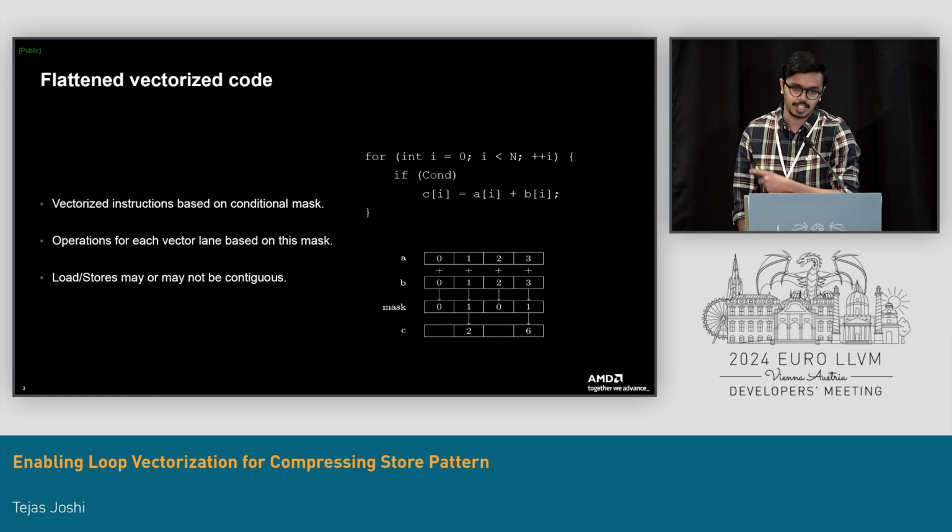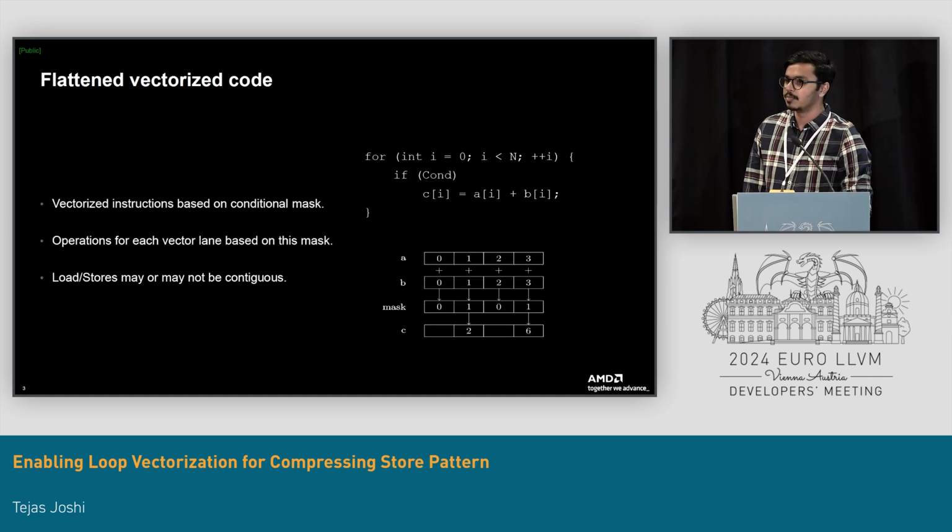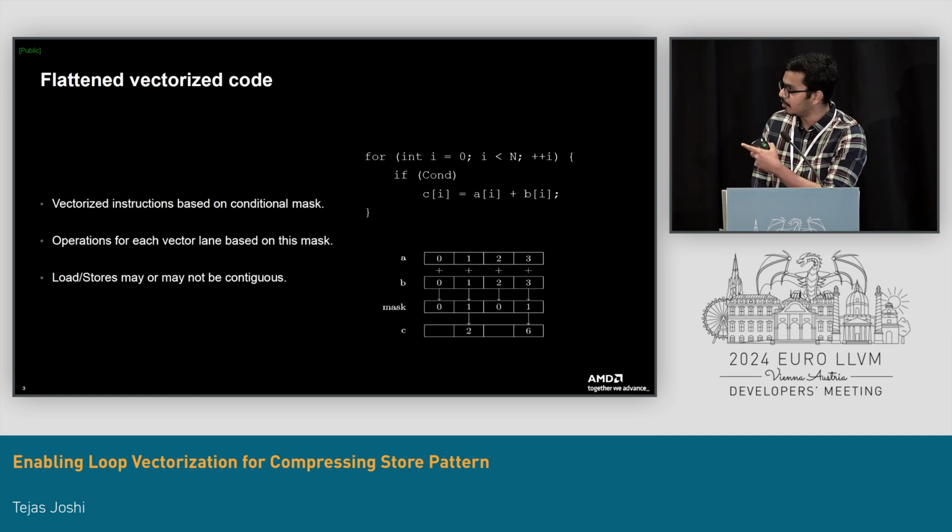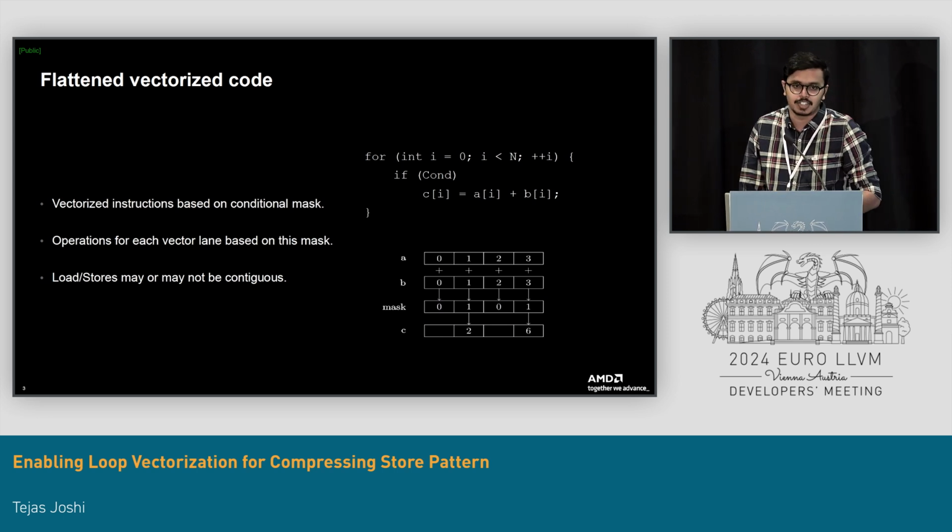First, we'll take a brief look at how complex control flow inside a loop is vectorized using masked instructions. Here in this example, we are loading scalars from A and B inside the if condition and storing the operation in C. The mask is computed based on the condition at runtime. If it was compile time, it would have been hoisted outside.